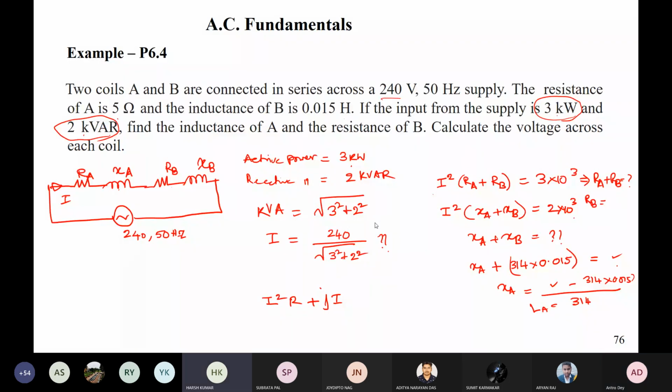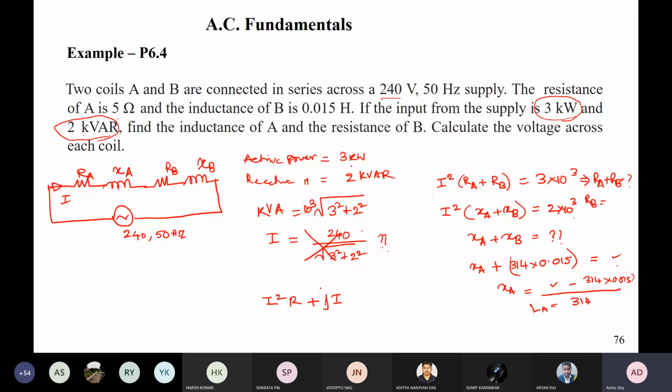Yes, sir. So you have written I is equal to 240 by this under root. So, sir, under root I multiplied with 10 to the power 3 because it is in kilovolt ampere. No, no, it is wrong actually. It should be KVA. If we convert it into VA, then this into 10 cube, and I will be this divided by 240.